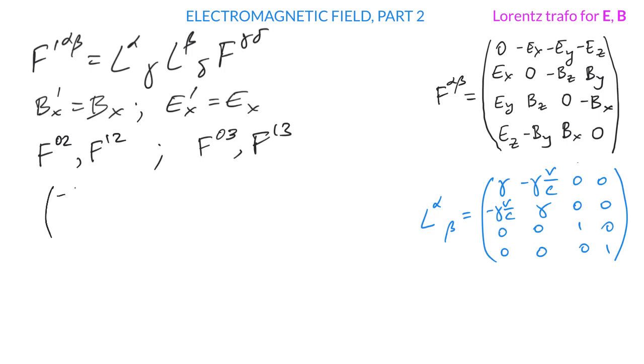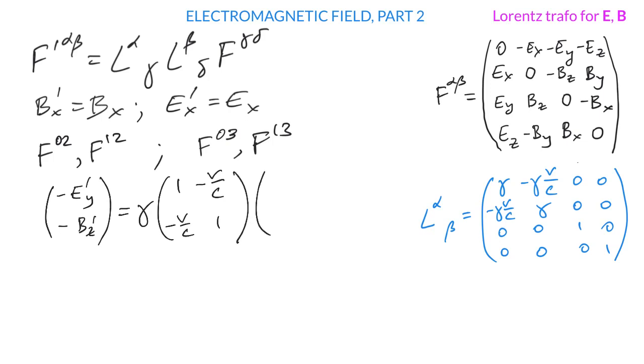We can write that the primed components minus Ey and minus Bz go as gamma times the matrix 1, minus V over C, minus V over C, 1, times minus Ey, minus Bz without the primes.